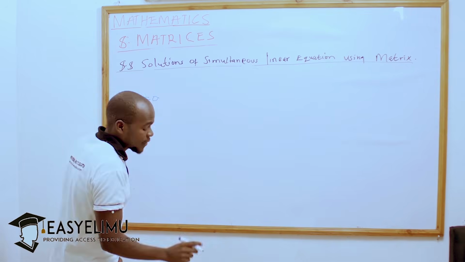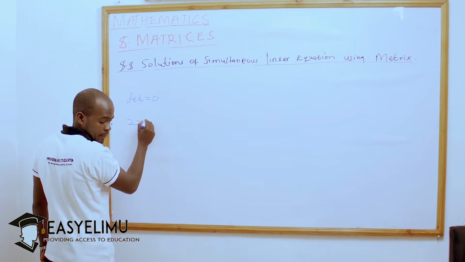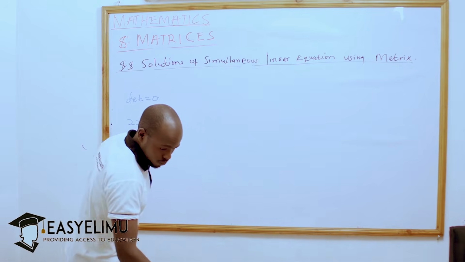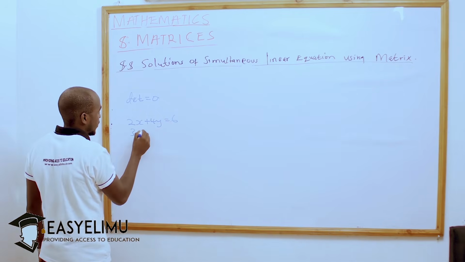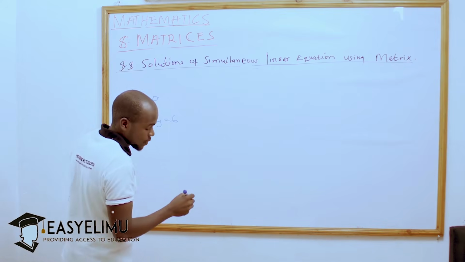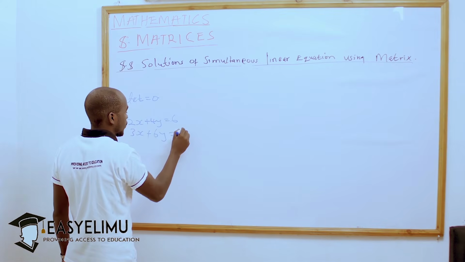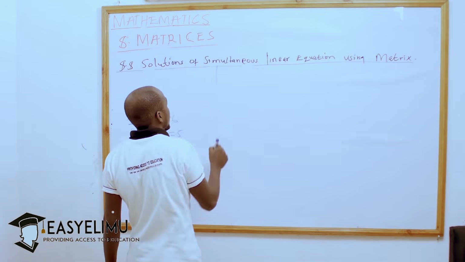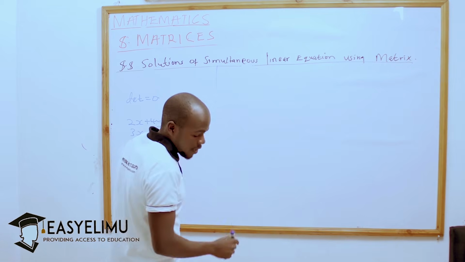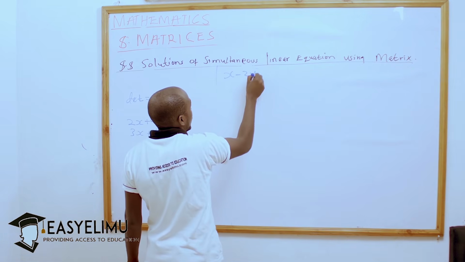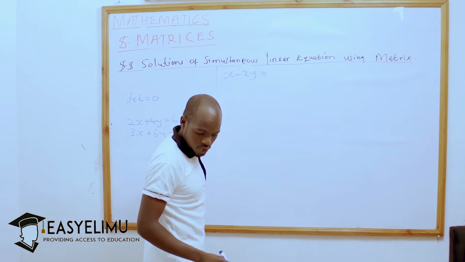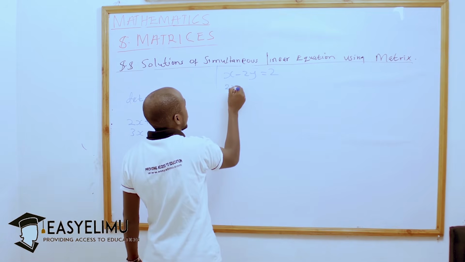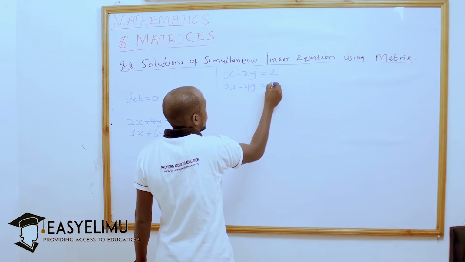For a case, let's consider two lines, for example, 2x plus 4y equals 6, and another one, 3x plus 6y equals 5. And another one, we consider two simultaneous equations: x minus 2y equals 2, and the other one is 2x minus 4y equals 4.